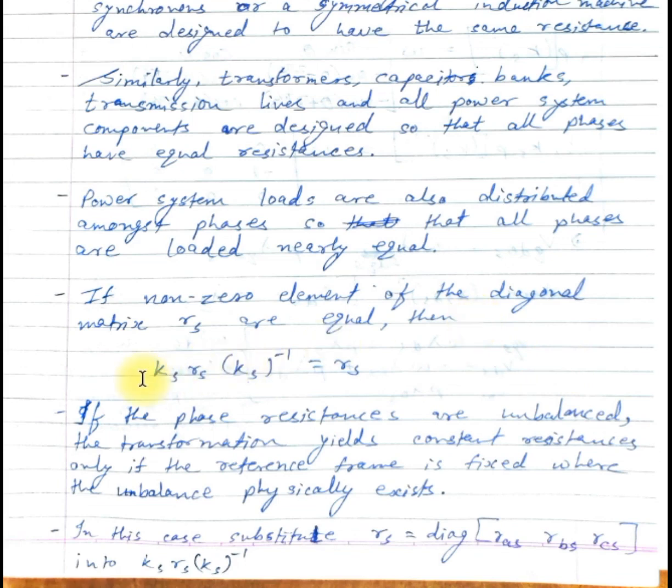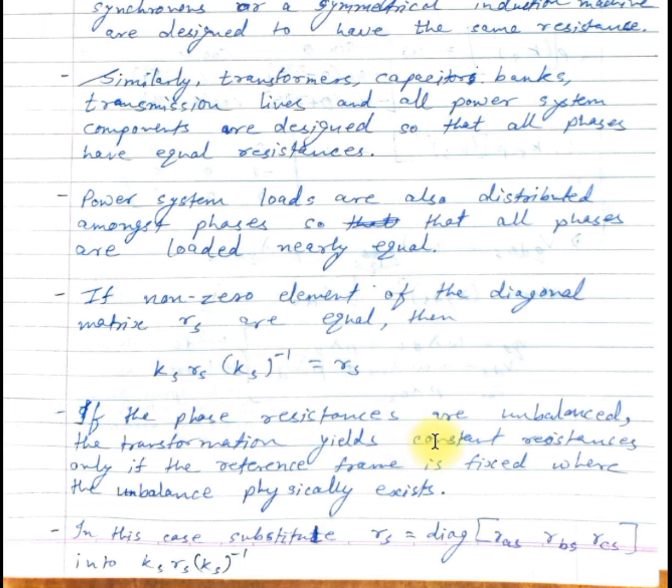This is basically a simple rule of mathematics that if the non-zero elements of the diagonal matrix are equal, then and only then this could be neglected, and the result is Rs.